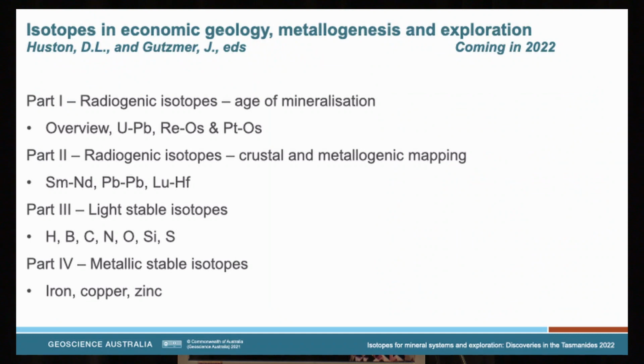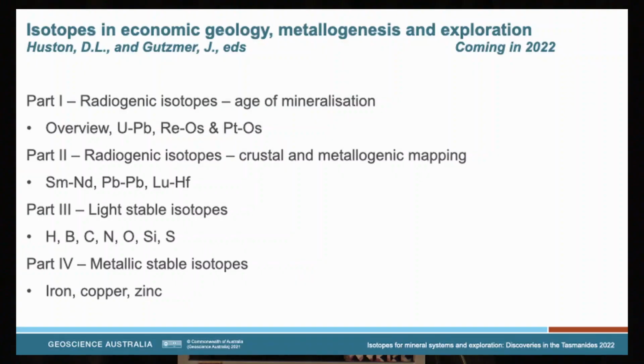And we've got a book coming out. This is about increasing knowledge. If you want to know more about specifically isotopes in economic geology, metallogenesis and exploration, this is the name of the book. David Houston, who's in the audience, is an editor. I wrote a chapter about hafnium. There's a lot of smart cookies in here. It's focused on exploration and minerals.